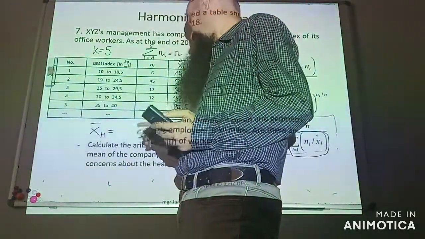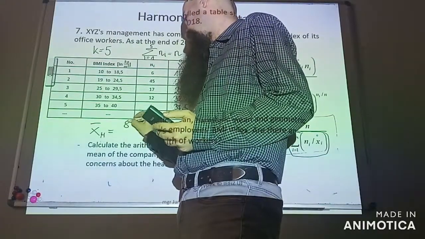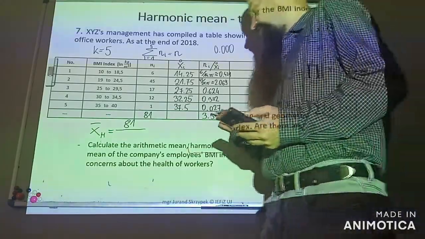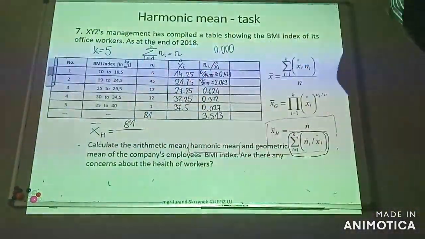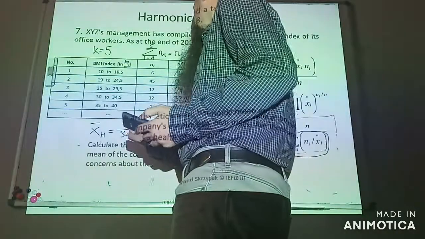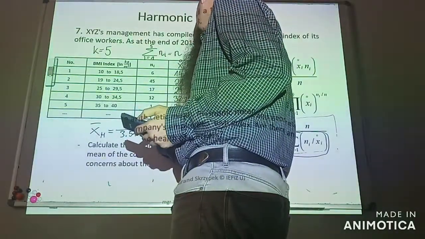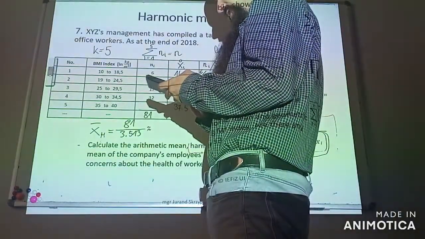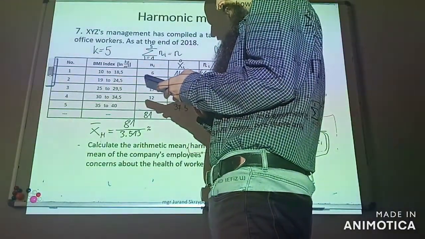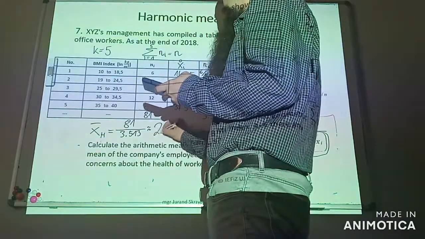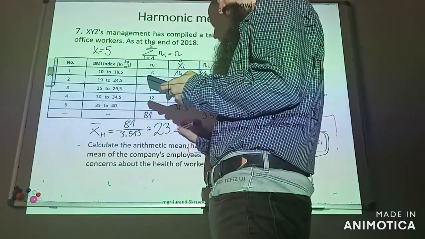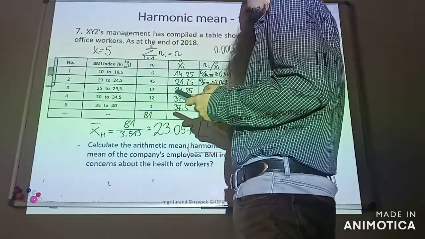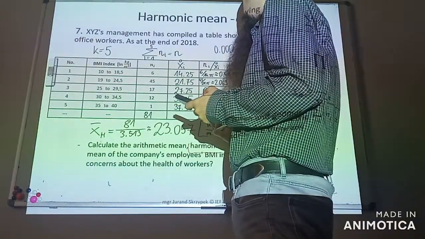Population counts 81 statistical units. 81 divided by the sum that we have computed earlier, 3.513. Yeah, 81 divided by 3.513 is about 23.057 kilograms per meter square.